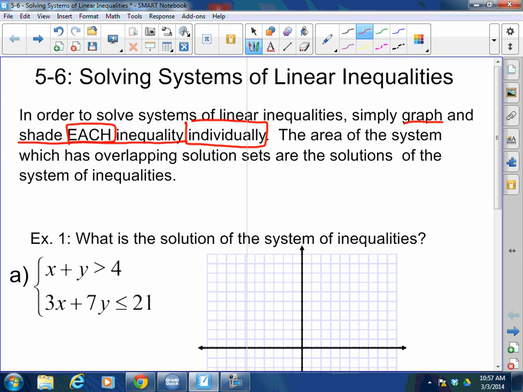Then the area of the system which has an overlapping solution, those are the solutions of the system of inequalities. Luckily, there's nothing really new to teach here. It's just being able to put both skills together on one graph. So let's get right to it.